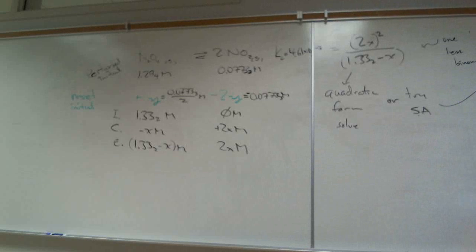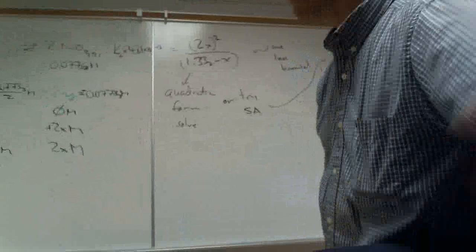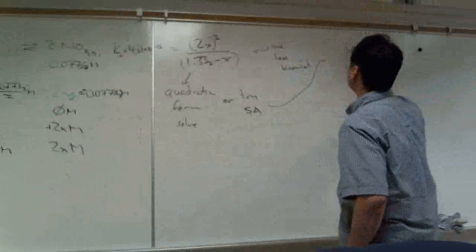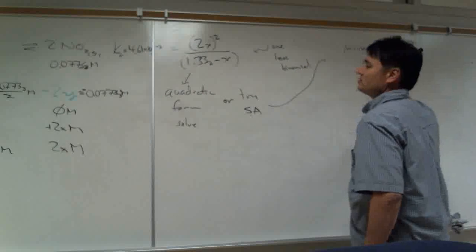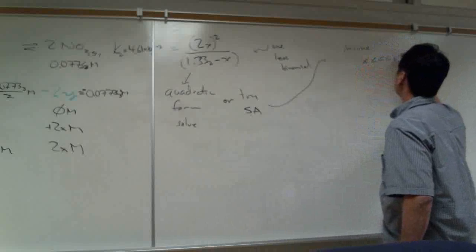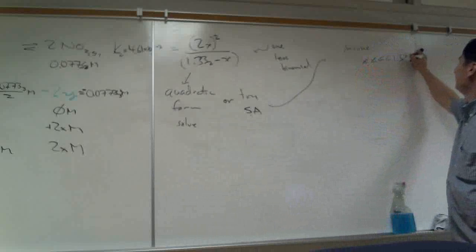We don't know if it's valid because who knows if 1.332 is like a swimming pool of water and X is like a drop, but we're just going to go ahead and assume it. And so we assume that X is much smaller than 1.332.